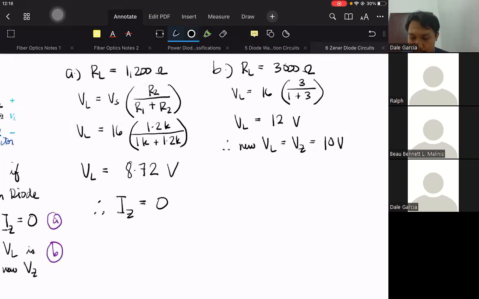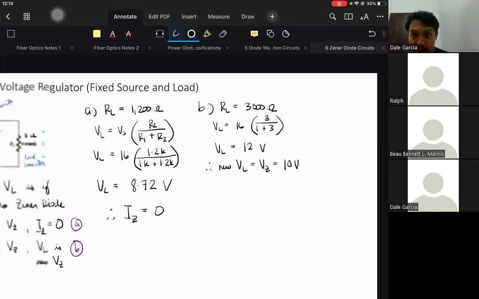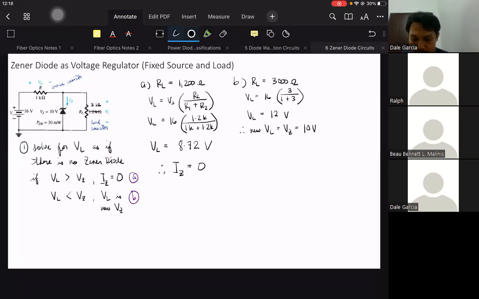So the voltage is regulated, or there is a constant voltage across the load of only 10 volts all throughout. The same here.